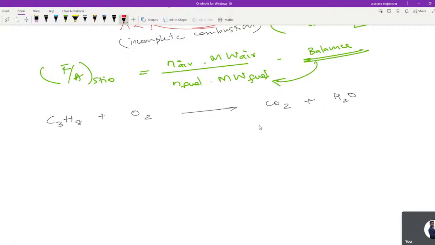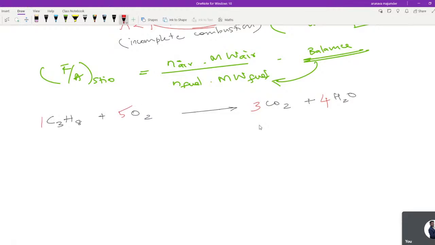Let me put 3 here, and 2 times 3 is 6 hydrogen pairs, so H2O needs 4. Then oxygen is 4 plus 6, 10, so I can keep it as 5. I hope now it's balanced, right?